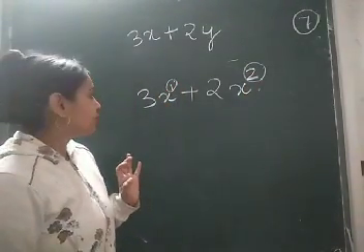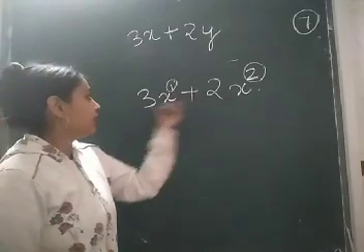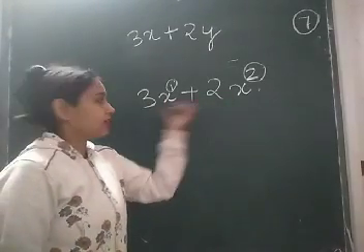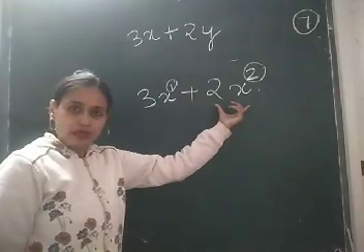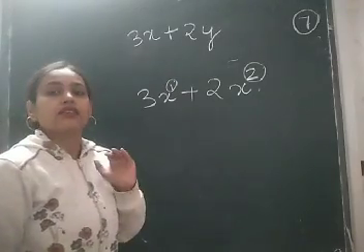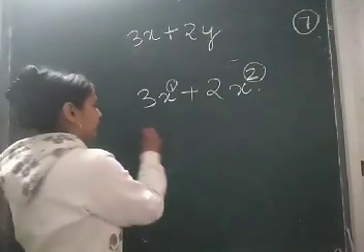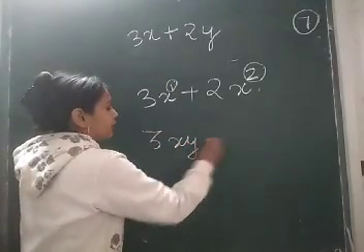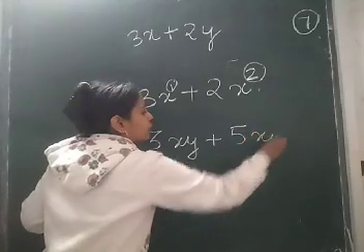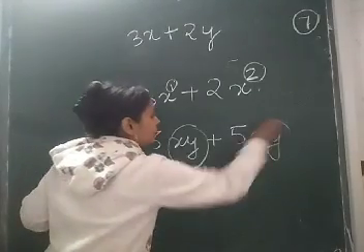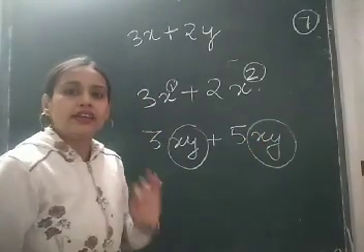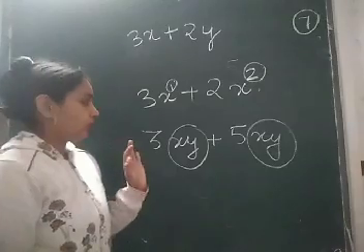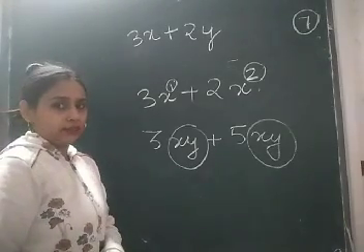So because of this reason, again we cannot add 3x and 2x squared. We can add the terms if and only if they have common variables, like xy and xy. Okay, I hope it is clear now.